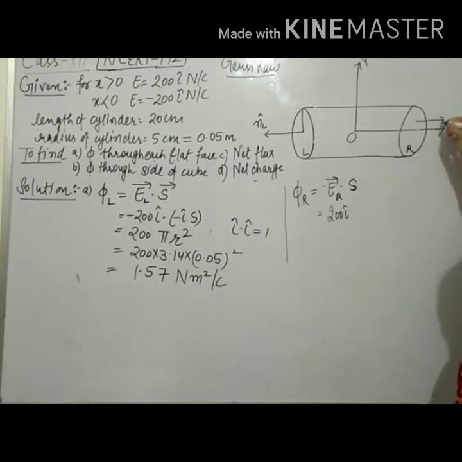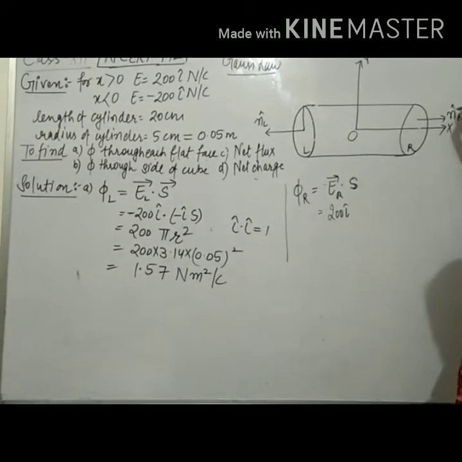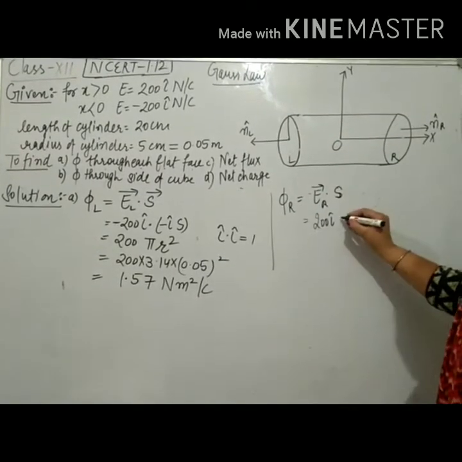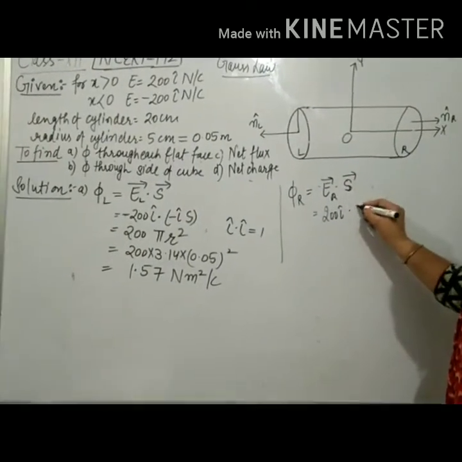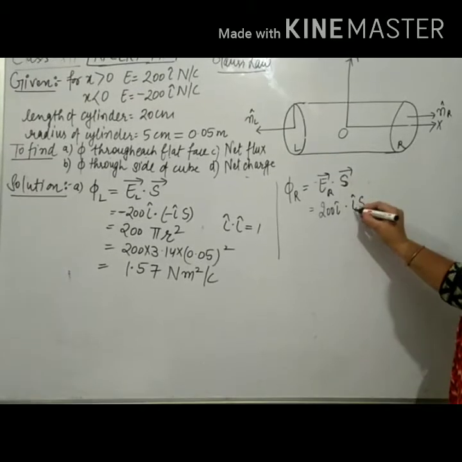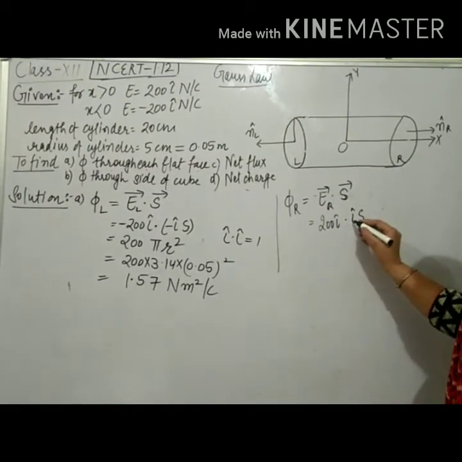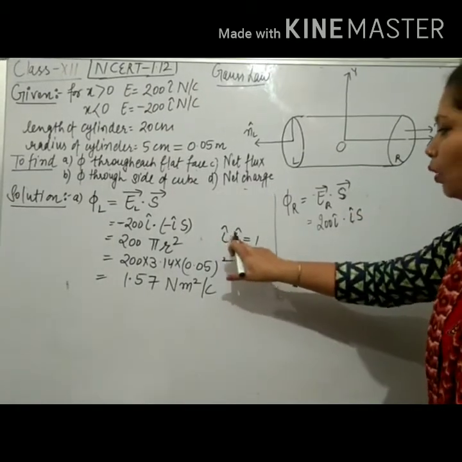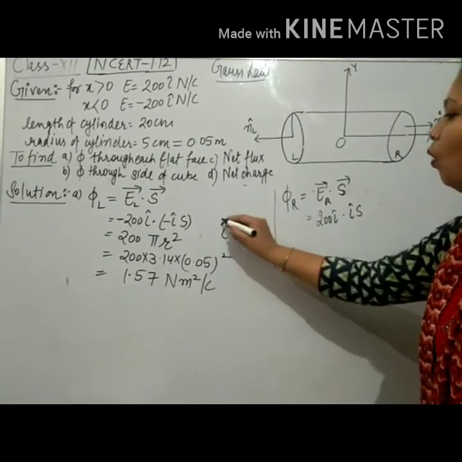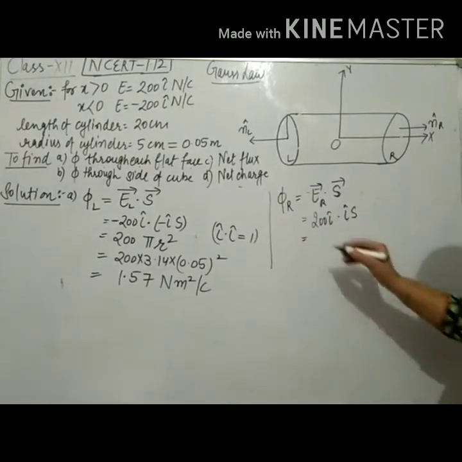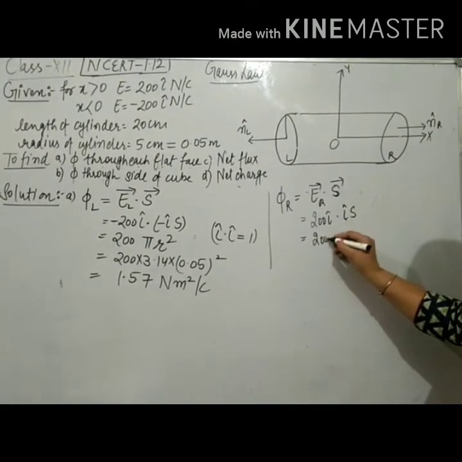For this, the area vector will be along the positive x direction. So I can write it as I cap S, where I cap represents the positive x direction and S is its magnitude. I cap dot I cap will be 1.